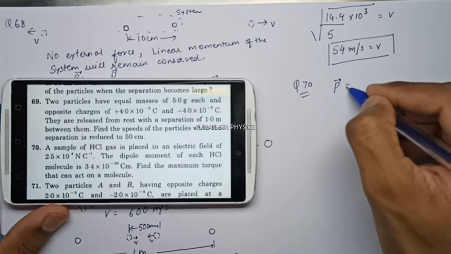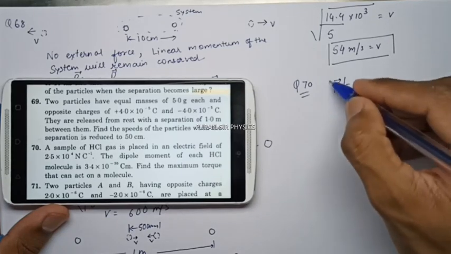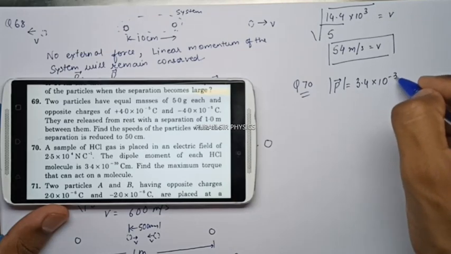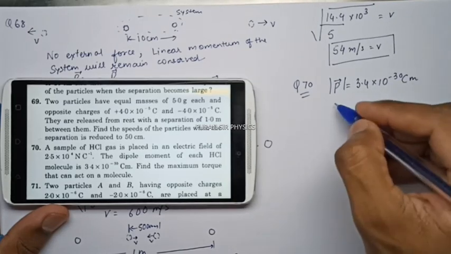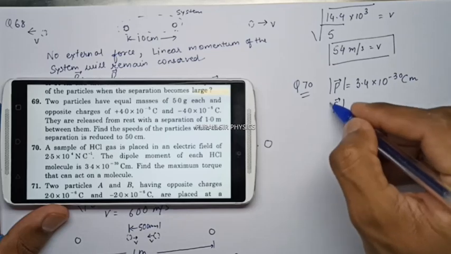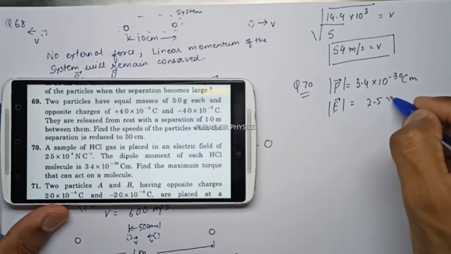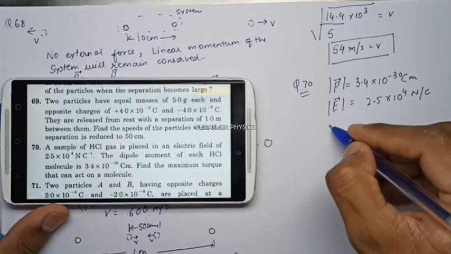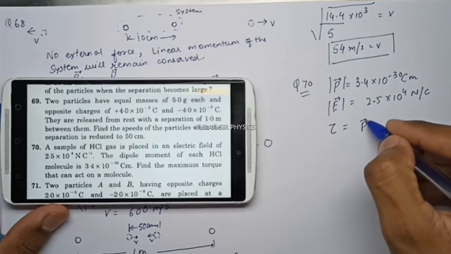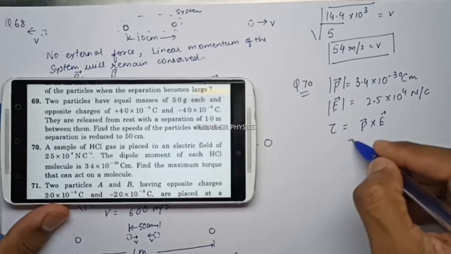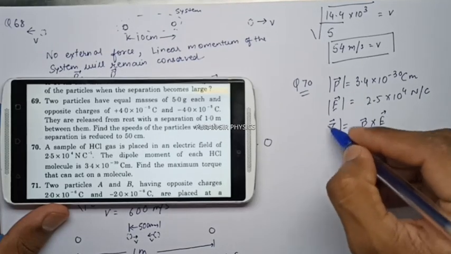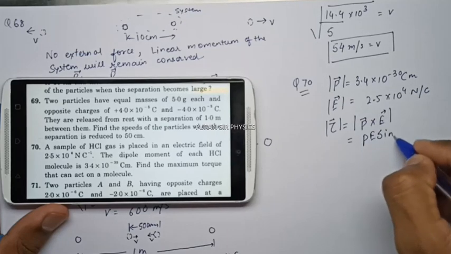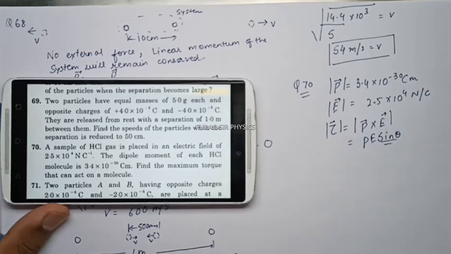So here the dipole moment is given, the magnitude is 3.4 into 10 raised to minus 30 coulomb meter, and the electric field magnitude is also given, 2.5 into 10 raised to 4 Newton per coulomb, and we know that the torque is equal to P cross E, and the magnitude will be PE sin theta, where theta is the angle between them.